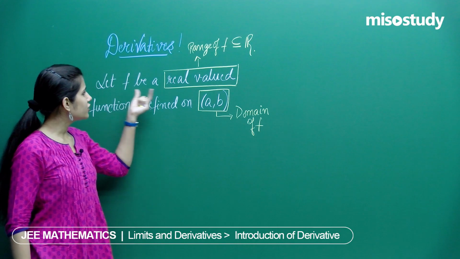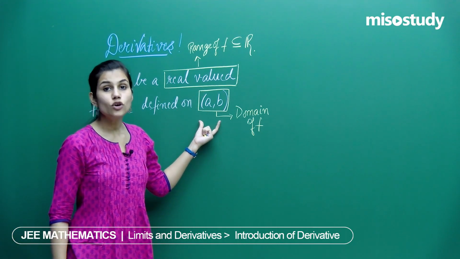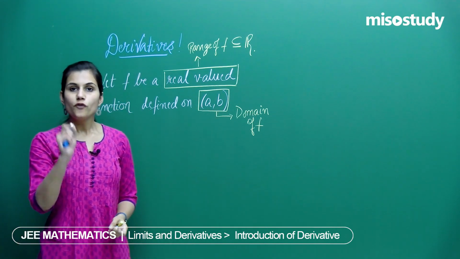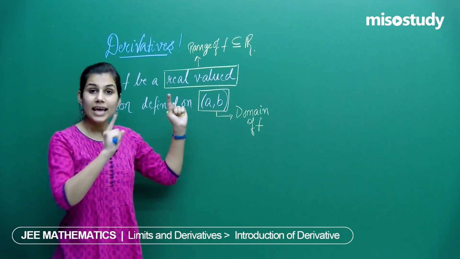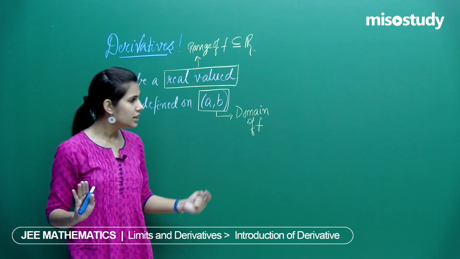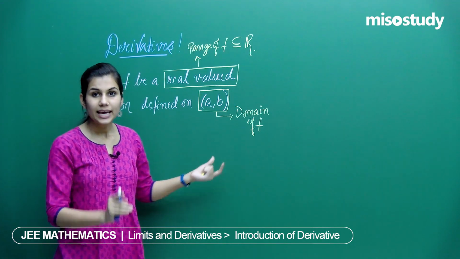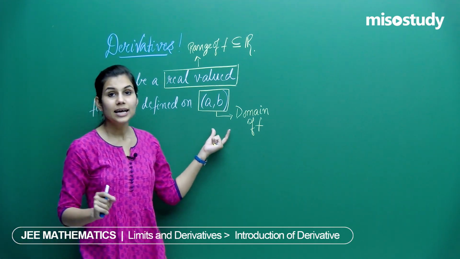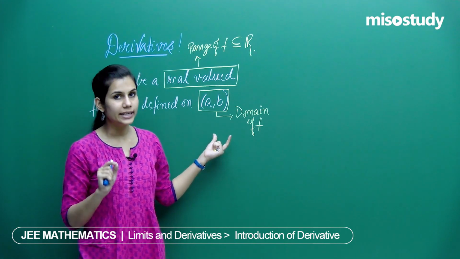If f is a function which is real valued defined on this set, that means for every small x sitting inside this open interval, f of x exists. Understood? For every x belonging to this open interval a comma b, f of x exists, right? That means this is the set of valid inputs for the machine f.